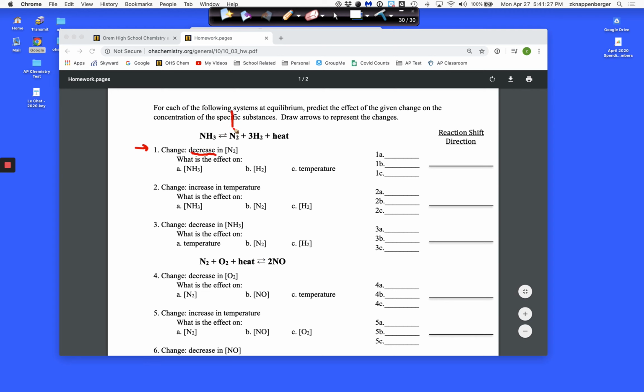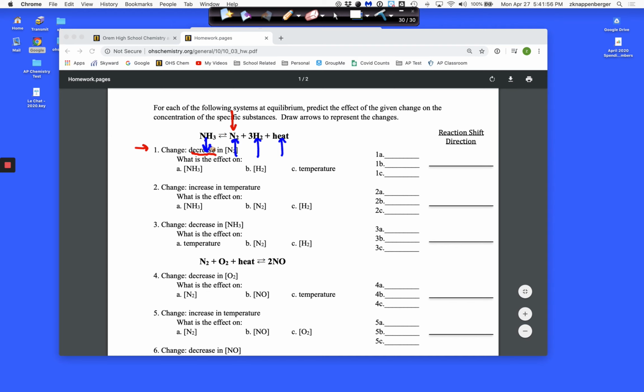So what we're going to do is the change we're making is we're decreasing N2. So if we decrease N2, how is this reaction going to respond? Well, everything on the same side is going to do the opposite. So if you decrease N2, the same side of the reaction, in response, all of these are going to go up. So same side does the opposite, and then the opposite side does the same, so this goes down.